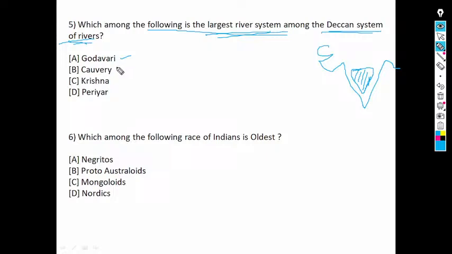Okay, Deccan system: Godavari, Kaveri, Krishna, Periyar.